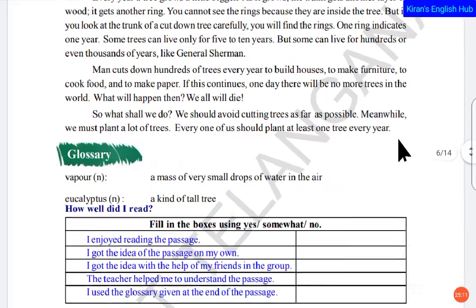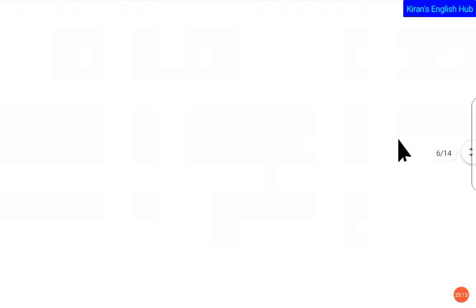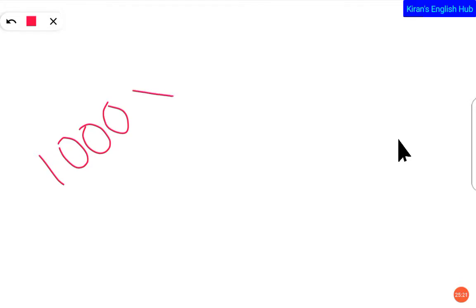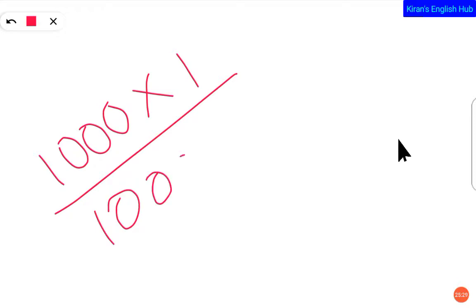For example, if there are like 1000 people watching this video, and you at least plant one single tree every year, then it would be like 1000 trees per year.